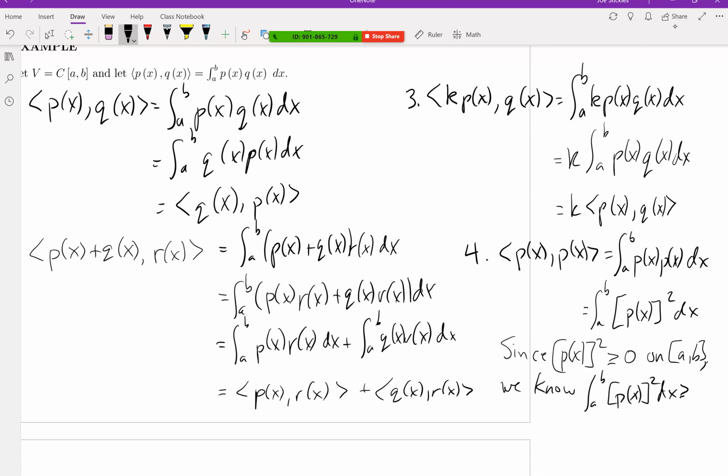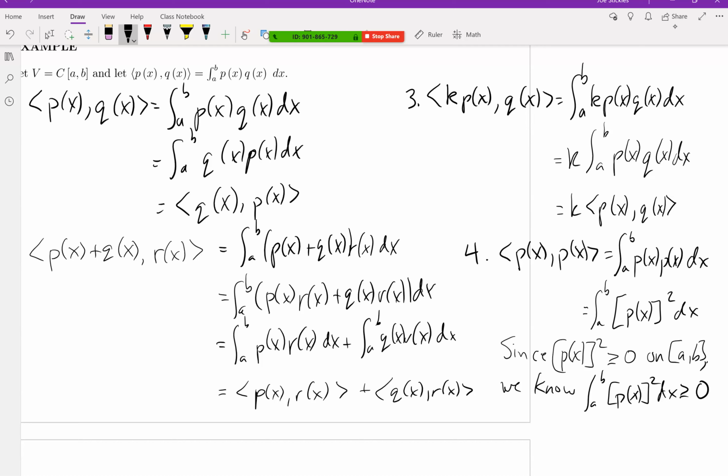And if we think about this from a calculus sense, the reason why is, remember your first interpretation of the definite integral back from calculus was area under a curve, and if the curve is above the x-axis, the area below must be positive. So all we're saying here is that since we have a positive function, the area underneath it must be positive.